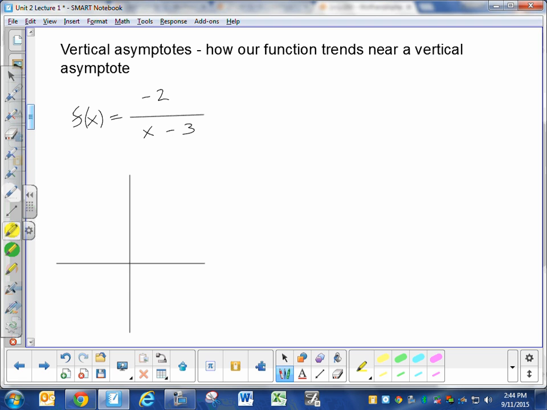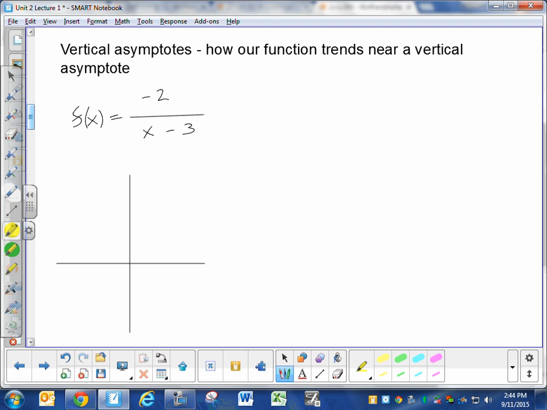Now the key today is we are going to need to figure out how our function is behaving around our vertical asymptote. Okay, whether our function is going to be going up to infinity to the left of a vertical asymptote or down to negative infinity, and then we have to examine the right.